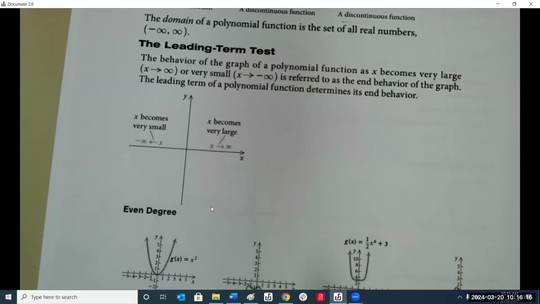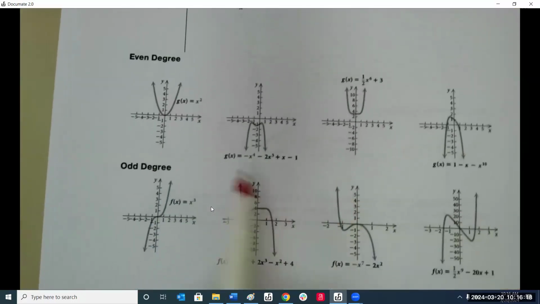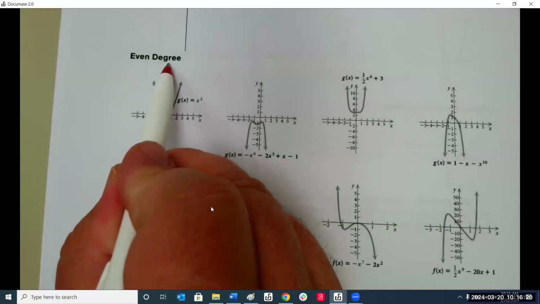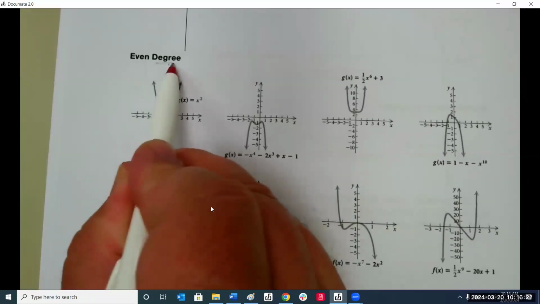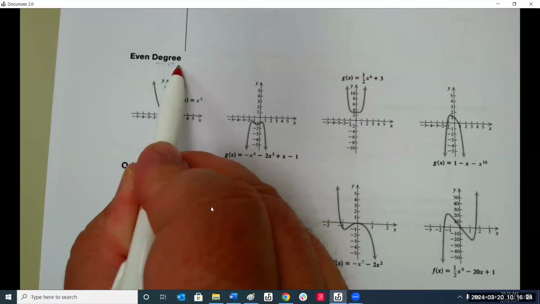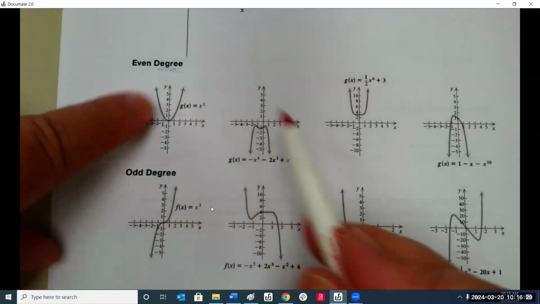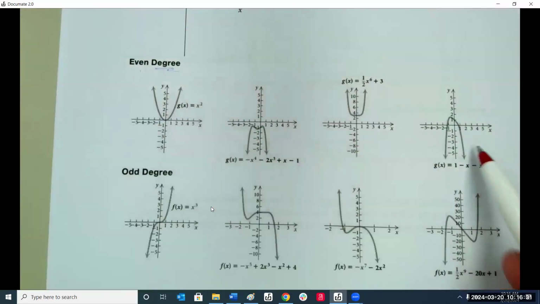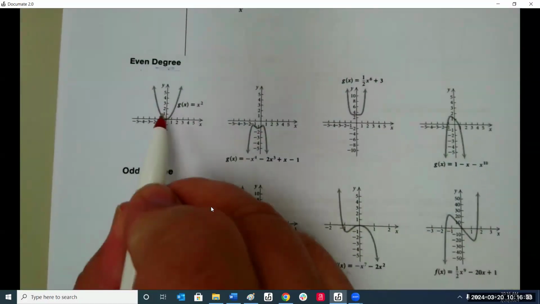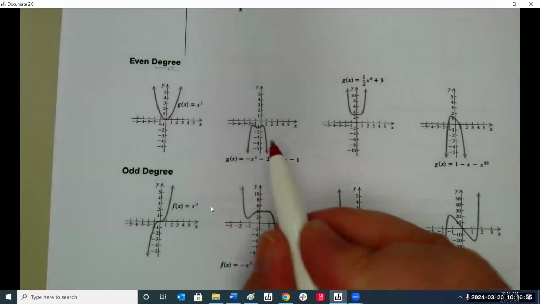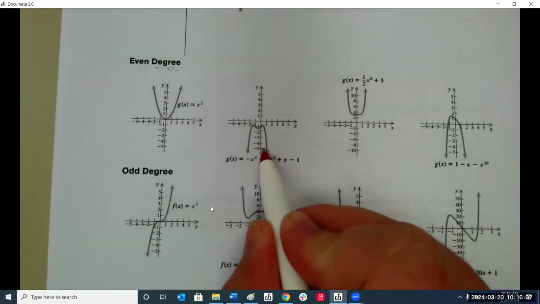Leading term tests, that's what we just talked about. Remember, if the degree is even, what's the degree? Where do you find the degree? The largest exponent. If it's even, both ends point the same direction. If A is positive, they both point up. If the leading term is negative, they both point down.